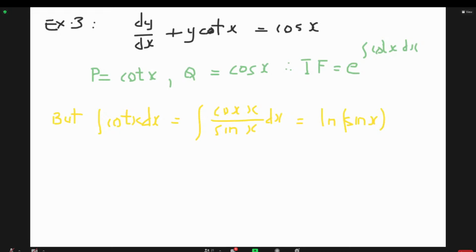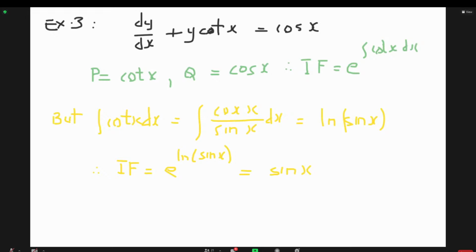So therefore, the integrating factor is equal to e to the ln sin x. Once again, that e and the ln will cancel, which means that our integrating factor is sin x. Now, not every time will there be an e and a ln, so don't fall into that trap. More often than not, but not necessarily all the time. So if you don't see it, don't panic.